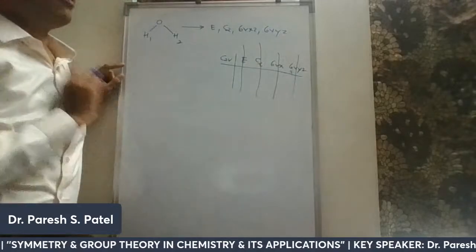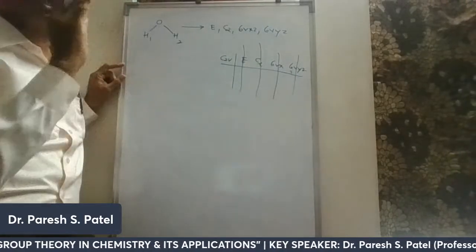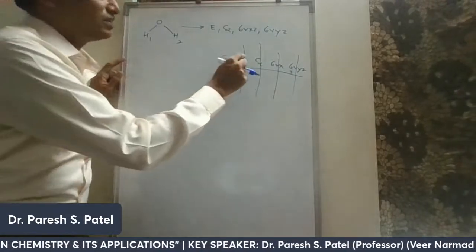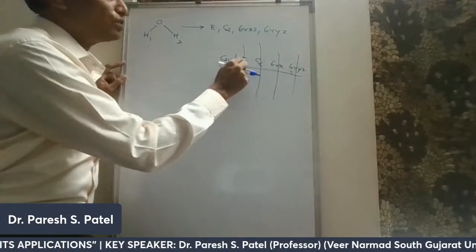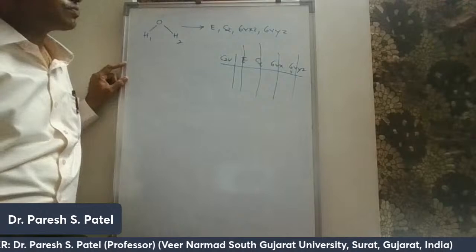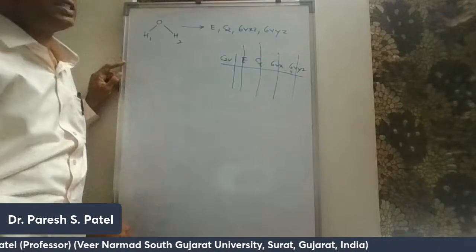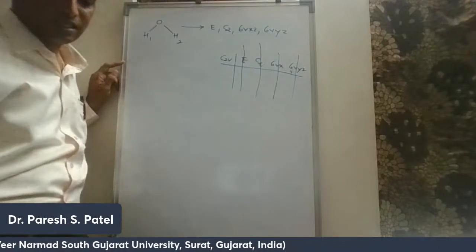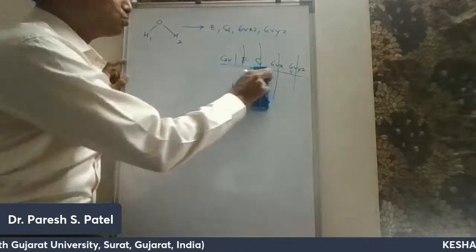In this case, this is first, second, third, and fourth. The water molecule consists of 4 symmetry elements and the number of classes is also equal to 4, and we have to prove it.